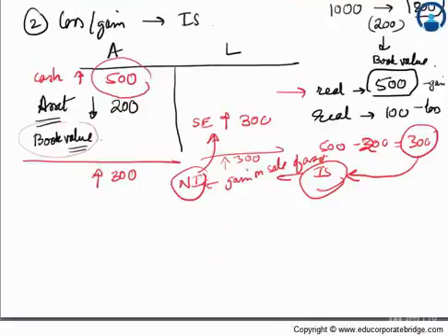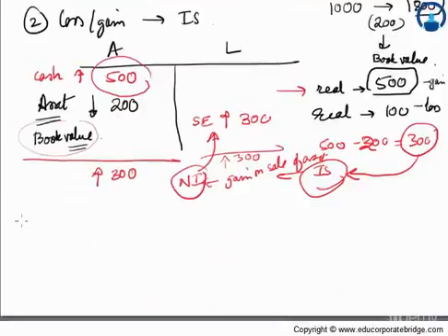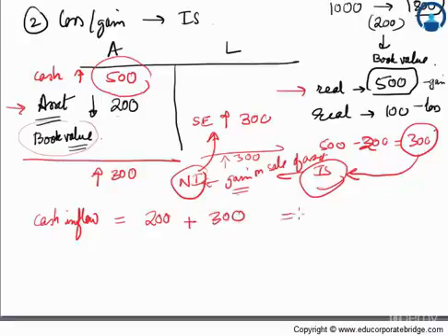But since you were to back calculate the cash inflow because of sale of assets, what you must do is that whatever the change is in terms of asset, the change is 200, and the gain on sale of asset is 300. So this is your cash inflow.